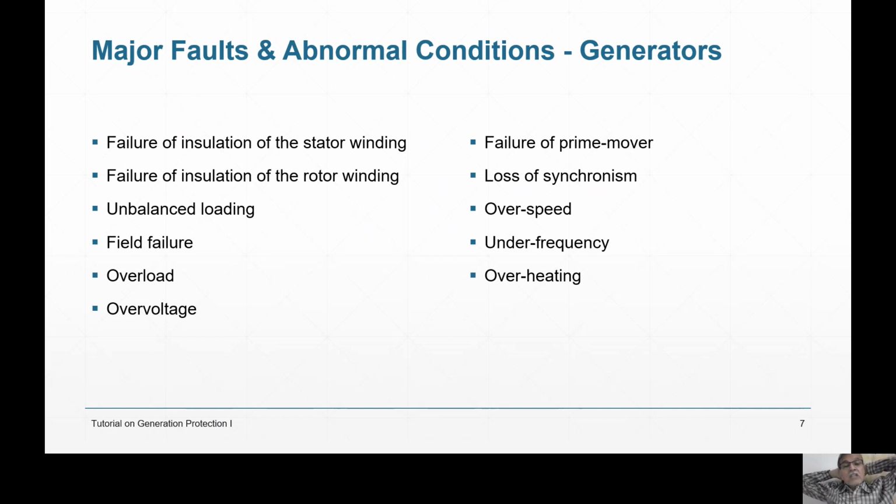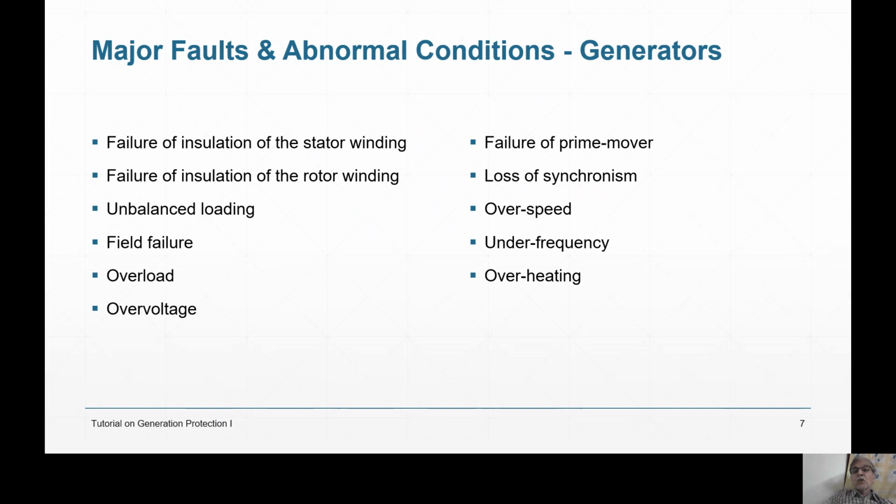Under frequency is a very big thing, because if the frequency reduces, you can take more load. See, the load frequency curve is dropping. So if frequency decreases, you can take more load. In earlier days, when generation was less and load was more, people were going down to 49.7.